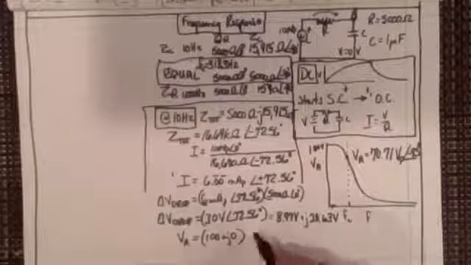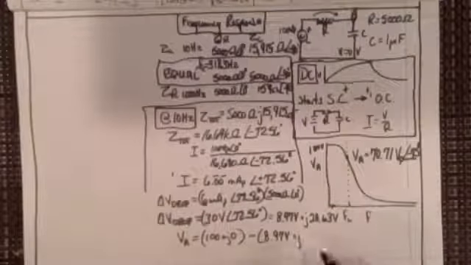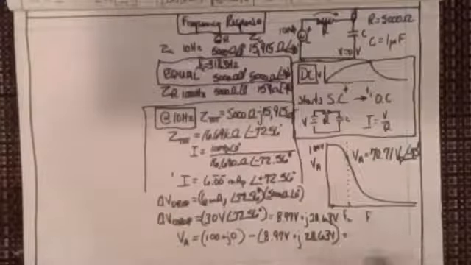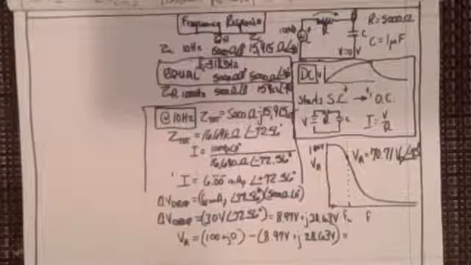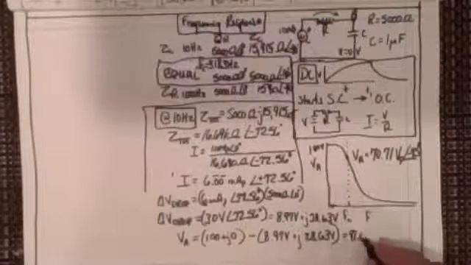So 100 plus j0 minus 8.97 volts plus j, and of course that minus goes all the way through, 28.63 volts, right? So 100 minus 8.97 gives me 91.03.